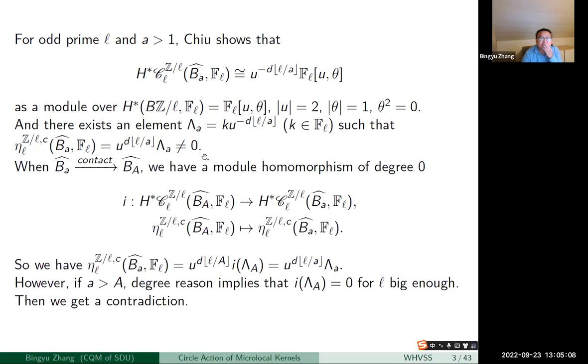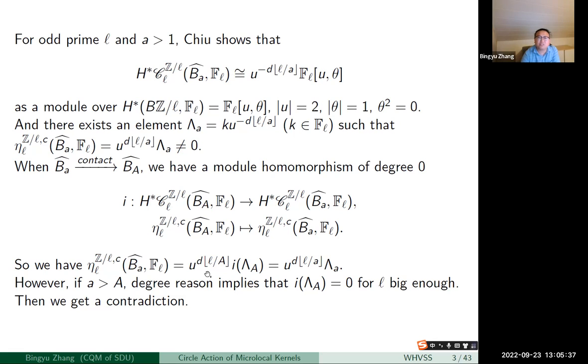Now, suppose we have a contact embedding. Then we can construct a module morphism of degree 0, and this module morphism preserves the fundamental class. In this way, we obtain two decompositions of the fundamental class of B little a hat. The first decomposition comes from our theorem here, and it means that it's non-zero.